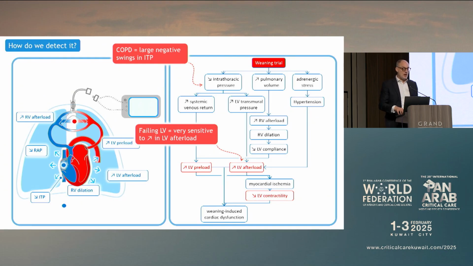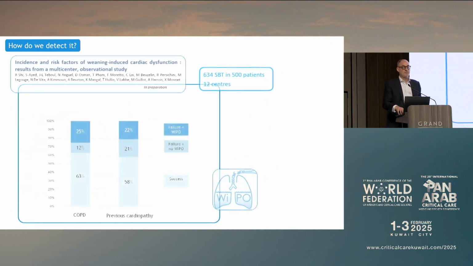And second, the failing left ventricle is particularly sensitive to any increase in its afterload. And so you understand how these two conditions may promote weaning-induced pulmonary edema, which is quite unlikely in a patient who has been ventilated for only 2 days, for instance, for drug intoxication, but much more likely for a patient with previous COPD and a previous failing left ventricle.